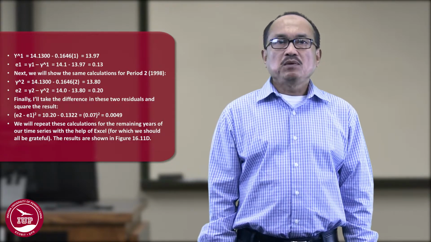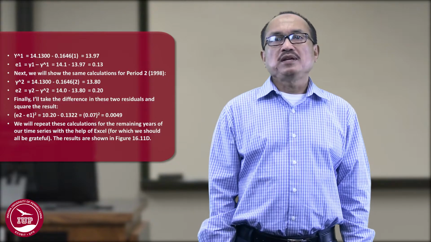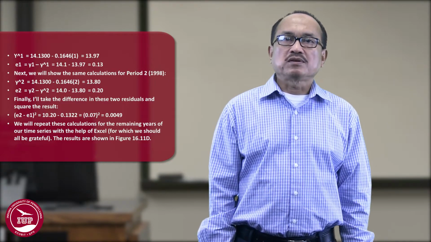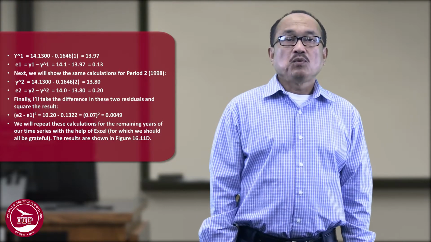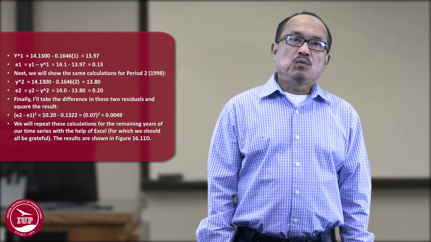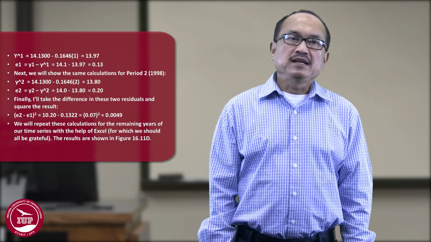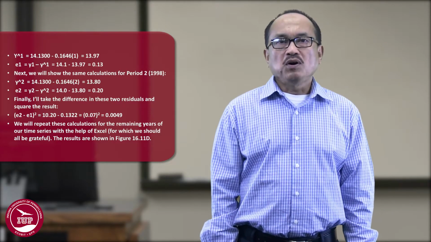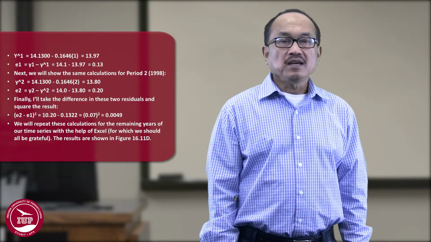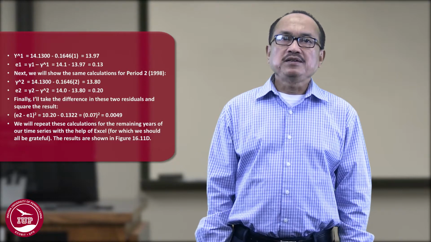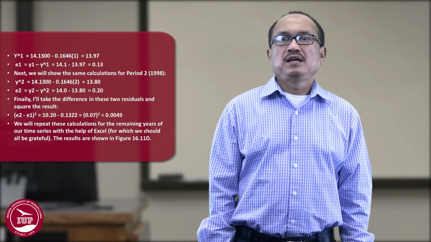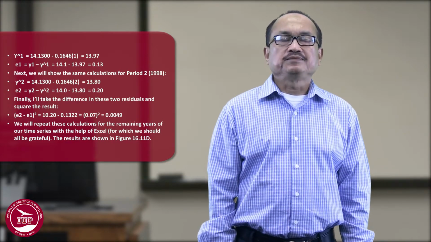Next, we will show the same calculation for period 2 or 1998, where Y hat 2 is equal to 13.8 and E2 equal to 0.20. Finally, we will take the difference of this residual and square the result.